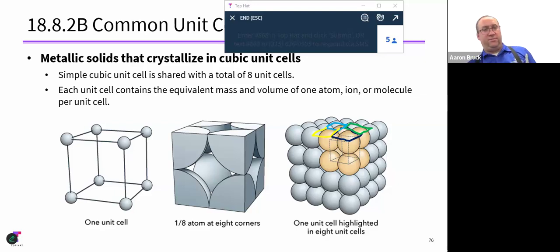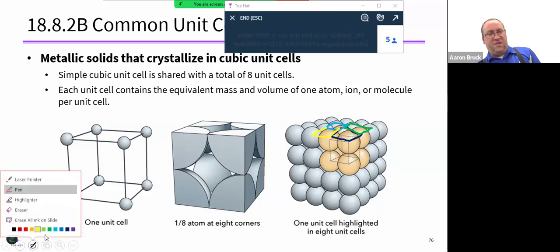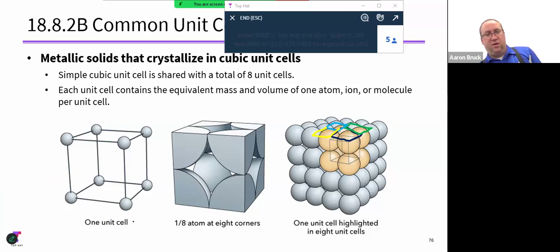And so for simple cubic, we say that each unit cell contains a total of 1 atom. How did we come up with 1 atom? Well, we've got 8 corners.